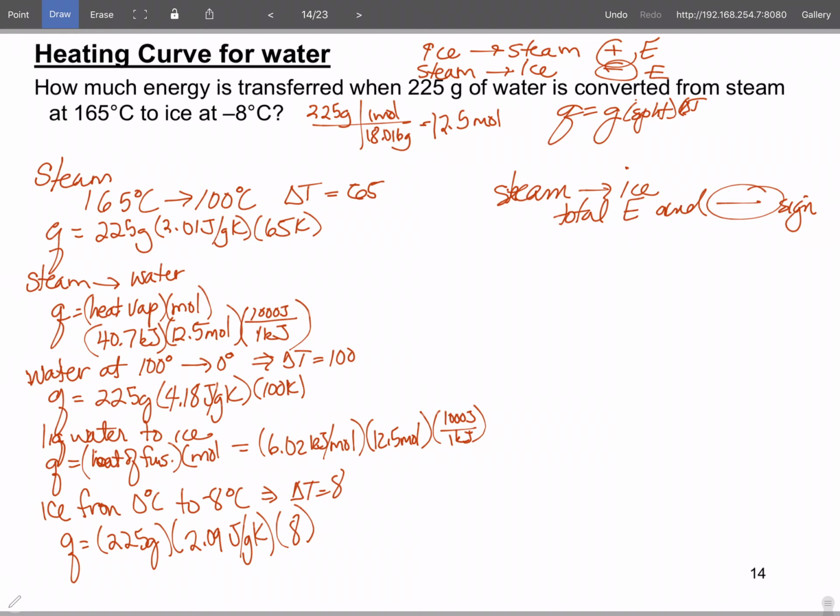If we were going the opposite direction, we would add it together. And out of sheer entertainment value, if you want to work these, I got 707,458.25 joules if you want to work it. I'm more interested in you knowing the pieces, parts of the curve and what's going on at each step than the overall. Okay.